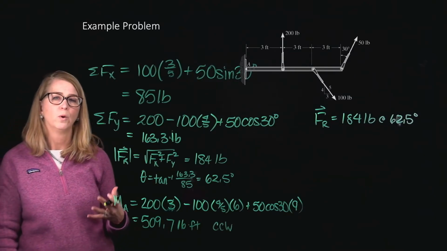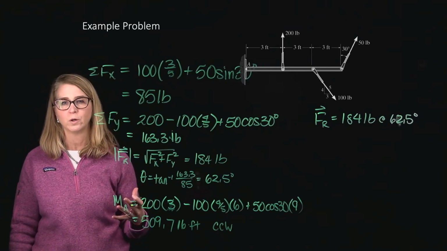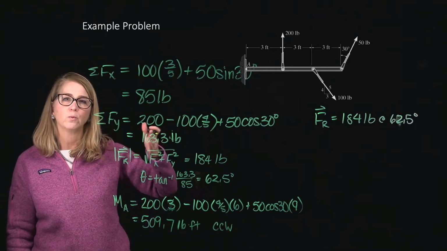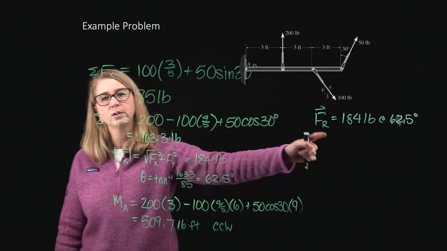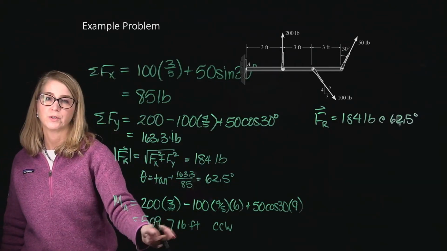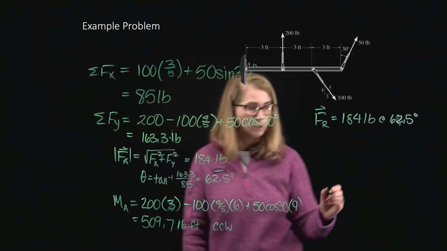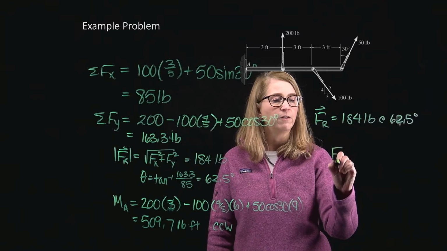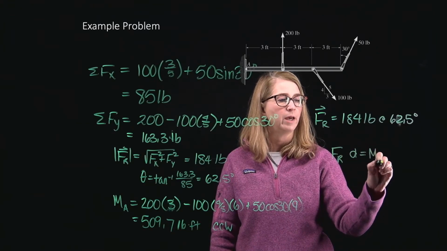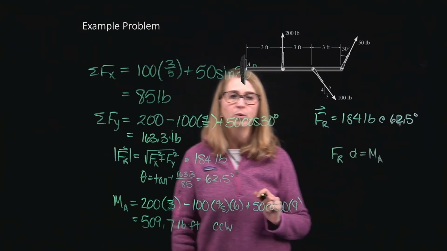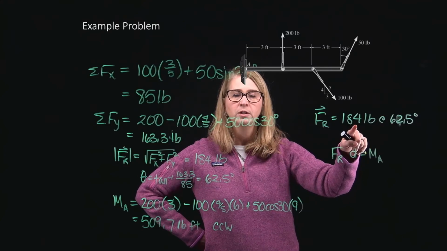And so what I want is to figure out where to put the force. What distance away from A can I put this force so that it produces this moment? My question is reduced to: Fr times some distance is going to give me my M sub A. Now, it's important when we think about this, do I want to use 184 pounds?